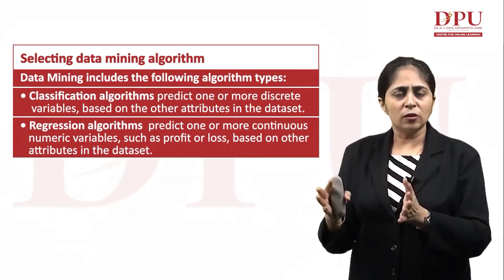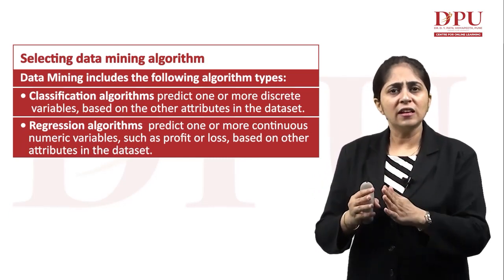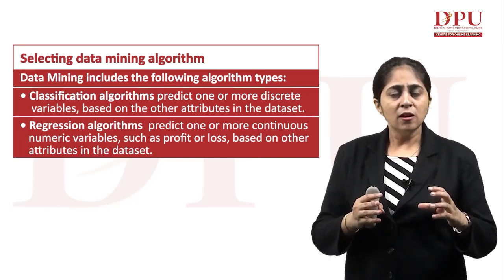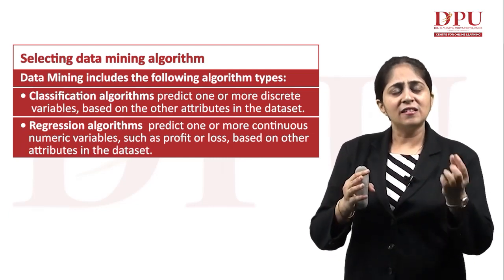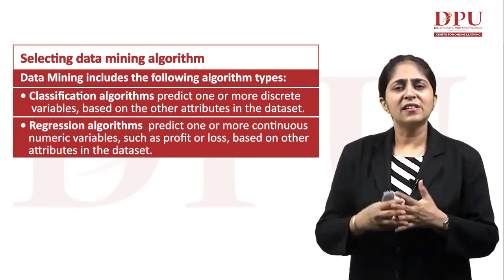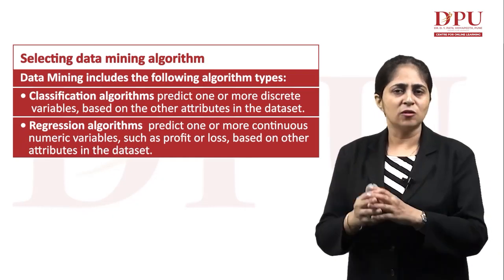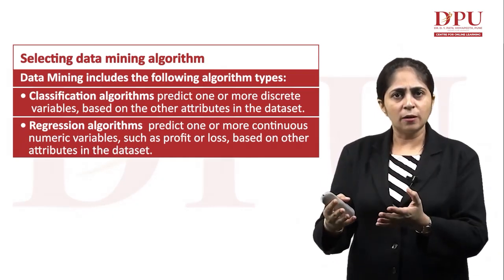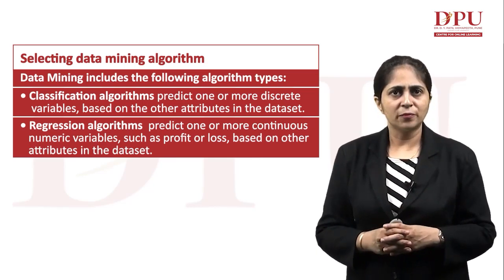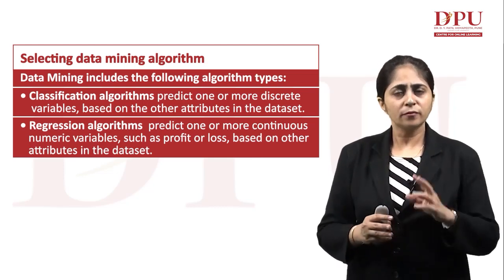Depending on the demand, which is an independent variable, you can increase or decrease the supply. So supply here is dependent on the demand. That is an example of the regression algorithm, where the value of one variable, the independent variable, is known, and on the basis of it another value can be found out. So that is an example of the regression algorithm in data mining.